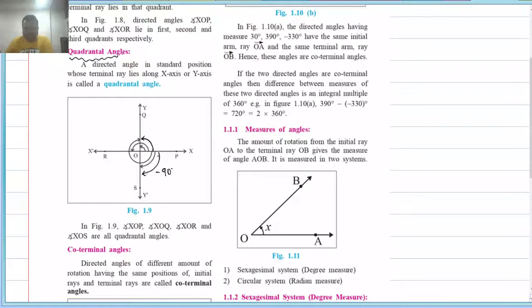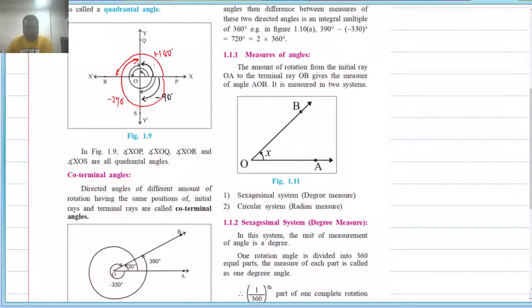Then you have, very interesting, pay attention, an angle like this as shown over here. This is minus 270 degrees. So 90 degrees and minus 270 degrees are the same angles. Then maybe you have an angle like this, which is plus 180.